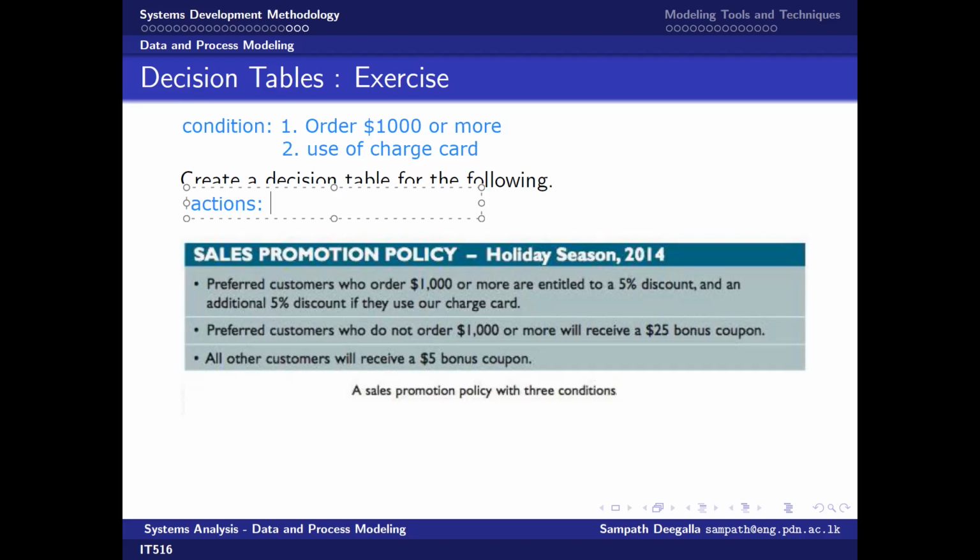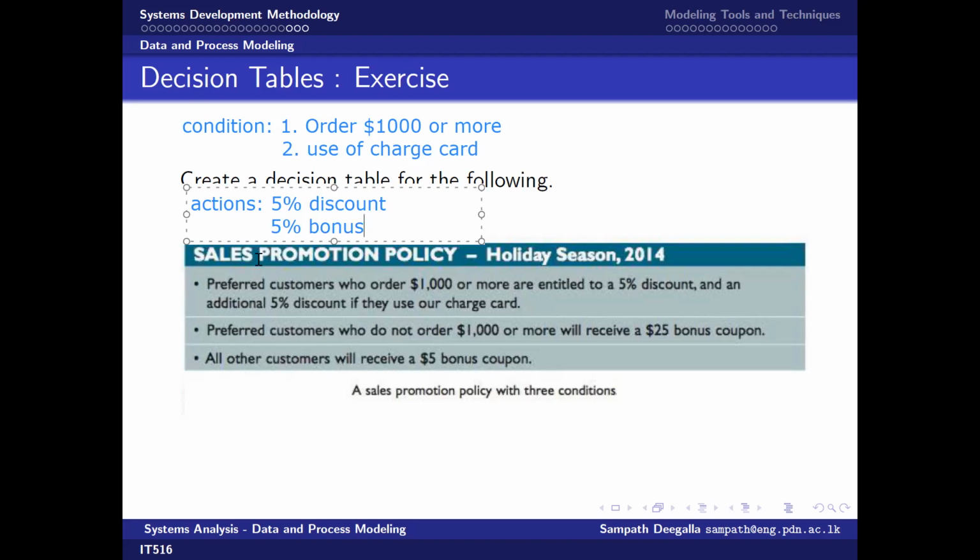Yeah, 5% discount. $25 bonus coupon. Yes, we will have 5% bonus.